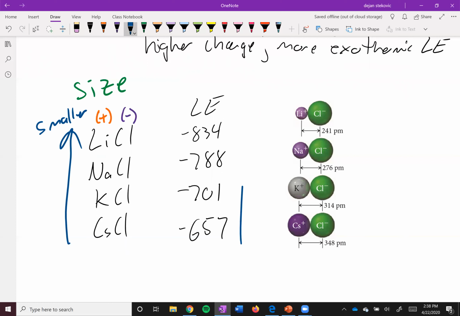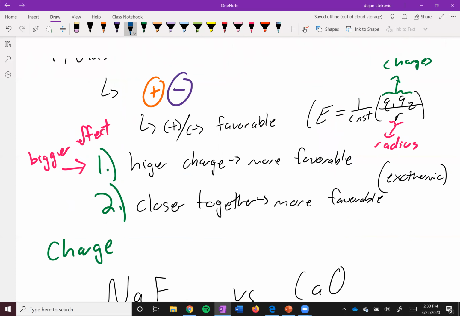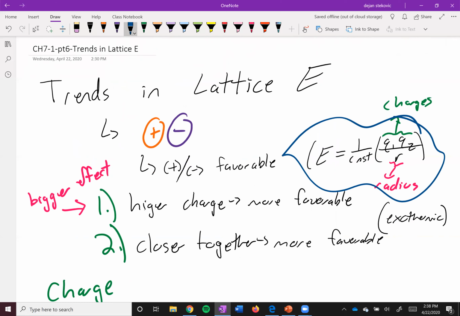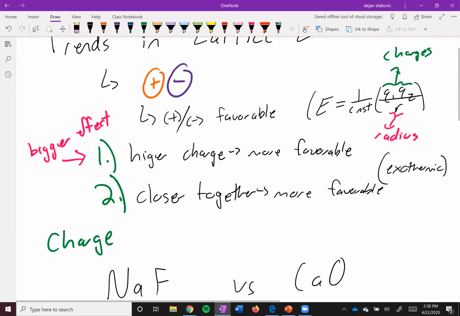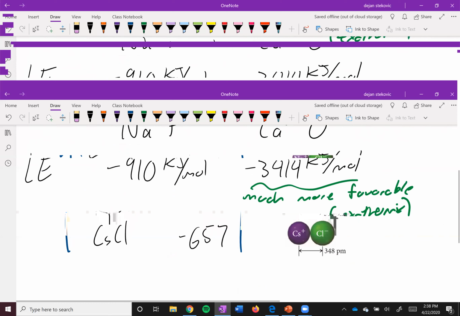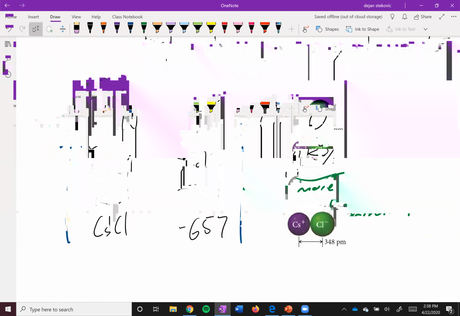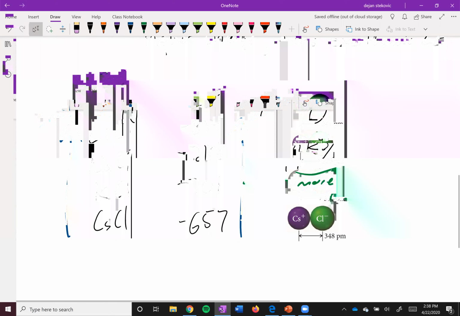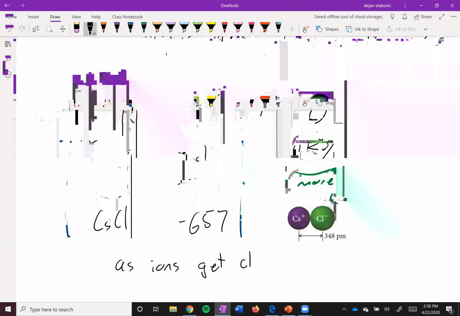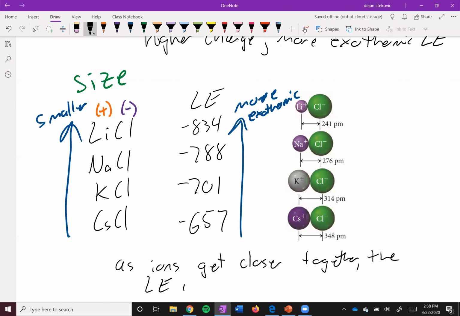And in terms of lattice energy, we can see it becomes more exothermic, right? Think about this equation up here too. It's over R, so as R gets smaller, that number actually gets bigger. So at the end of the day, what you've got to know is as ions get closer together, the lattice energy is more exothermic.